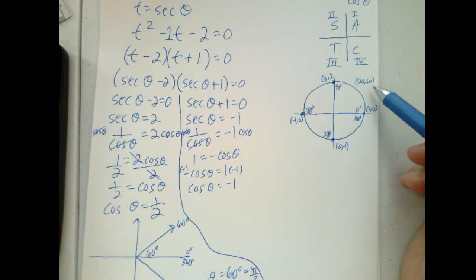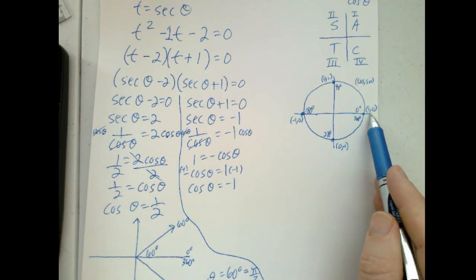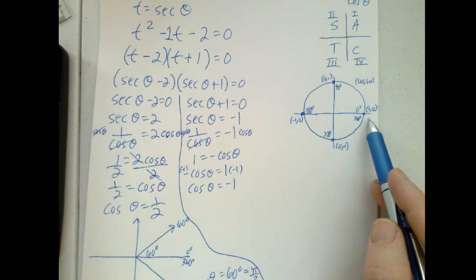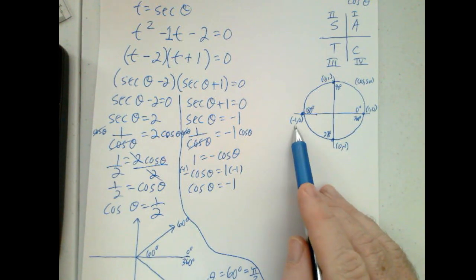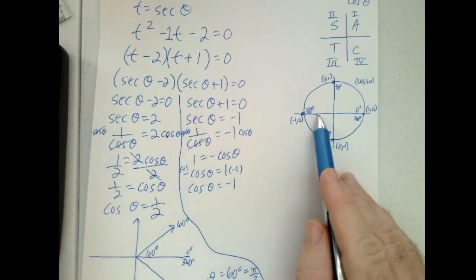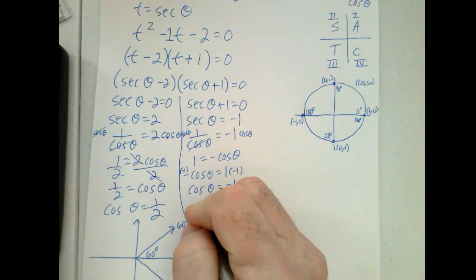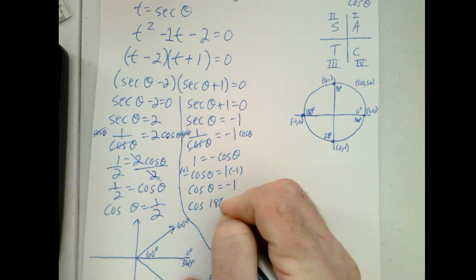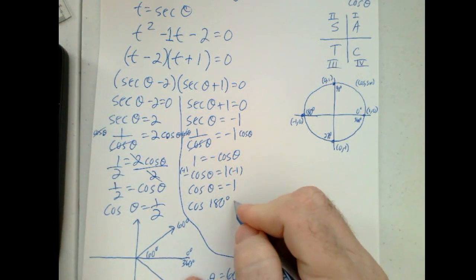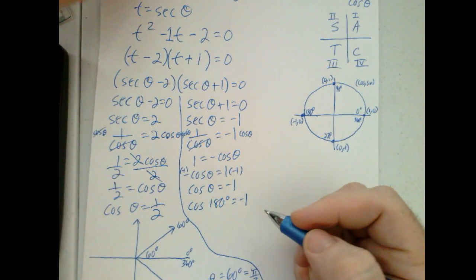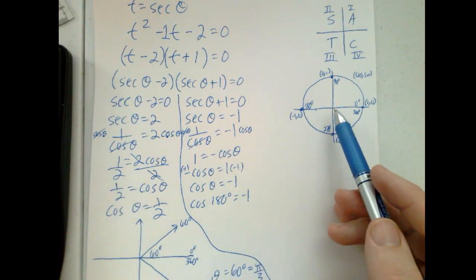So if I'm looking for a cosine of -1, I'm looking for an x value at one of these 4 points of -1. And 180 degrees here has a cosine value of -1. So cosine of 180 degrees is equal to -1, according to the unit circle.